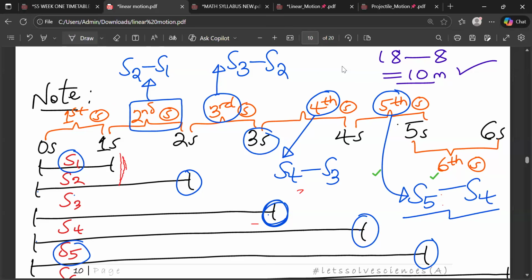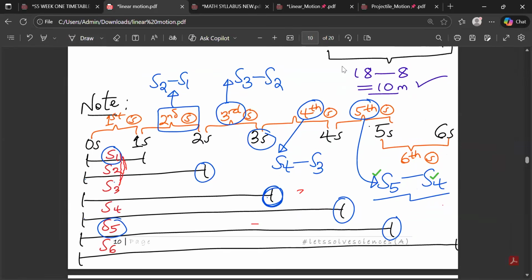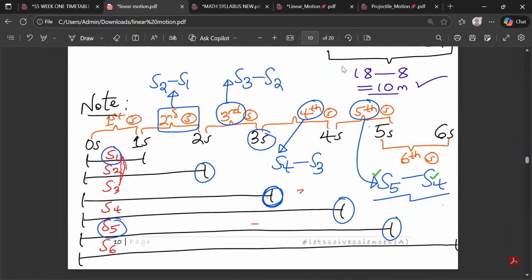I don't know if people are using this sketch and are getting what I mean. Getting S1, S2, S3, S4 is easy because you just replace T with that value in the second equation of motion. When I say S1, I mean 1 second. When I say S5, I mean 5 seconds.